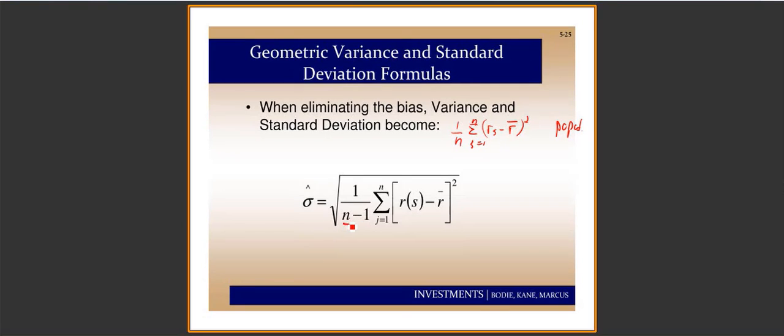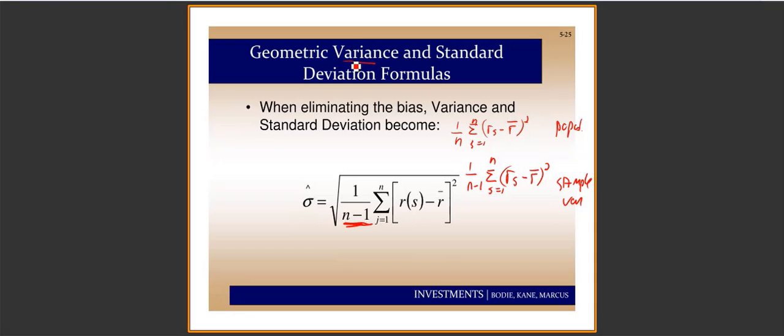When you use n minus 1 in its place, so I could have the same thing, this r_s minus r bar squared, the sum, s equals 1 to n, and I'm going to multiply that times 1 over n minus 1, this gives me the sample variance. And if I take the square root of the sample variance, I get the sample standard deviation. So that's what it's talking about here. So it's not a big ticket item.